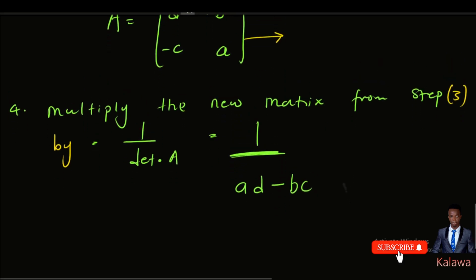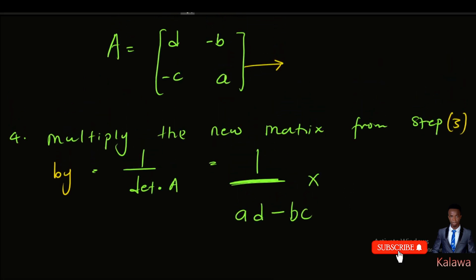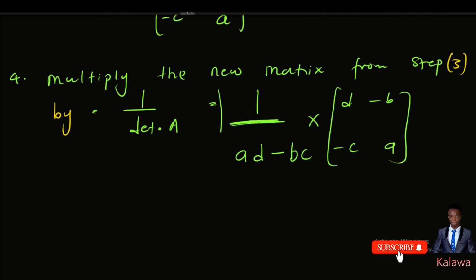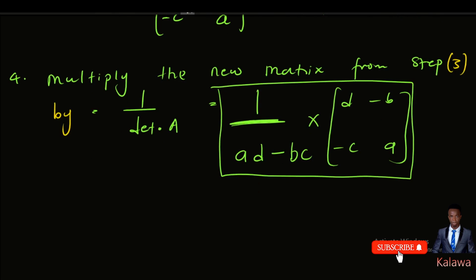So this whole thing is going to multiply by the new matrix, which is the cofactor, or we call it the adjoint. These are going to be D, minus B, minus C, and A. So this is the formula for the inverse of a 2 by 2 matrix, and these are the rules you must follow.